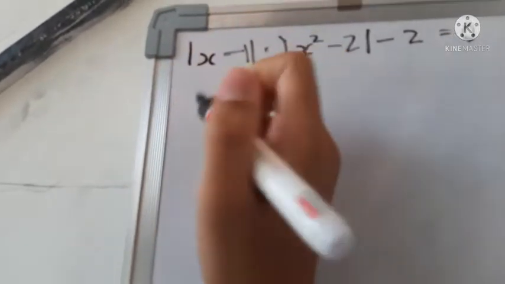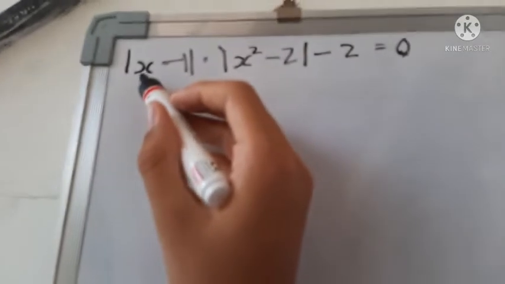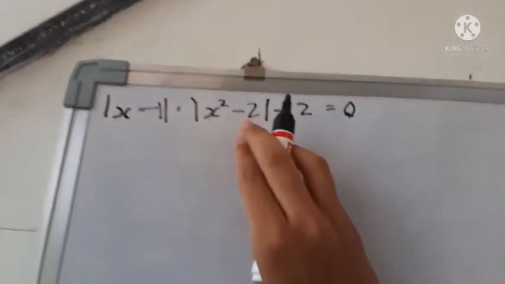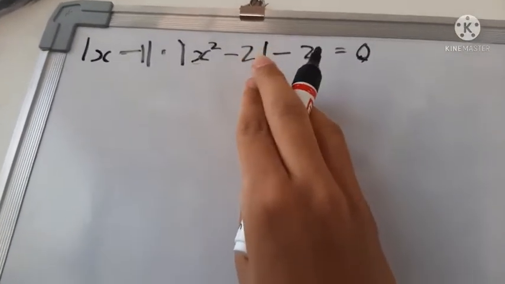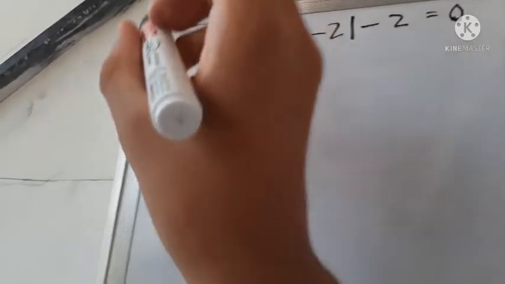First of all, the question says we have an equation: the absolute value of x minus 1 times the absolute value of x squared minus 2 is equal to 0, and we have to find the rational roots.